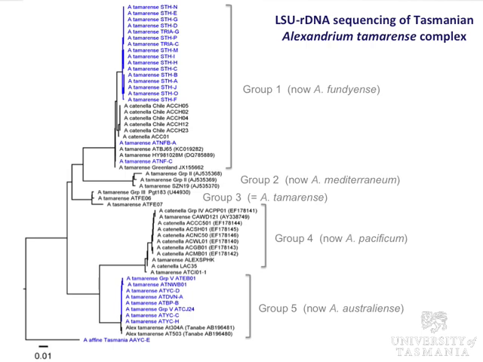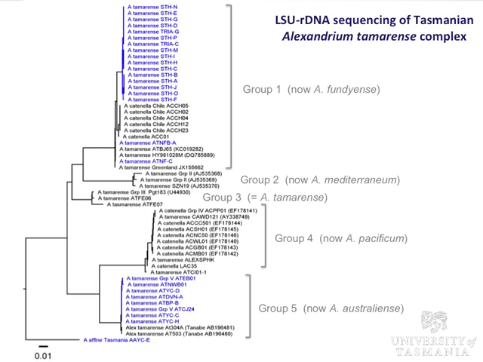So rather than trying to call them all tamarense, those of us who work on the taxonomy of these organisms decided it's far better to call them different species names, because functionally that's what they are. The downside is you can't tell them apart using morphology, which is a problem for most monitoring programs.